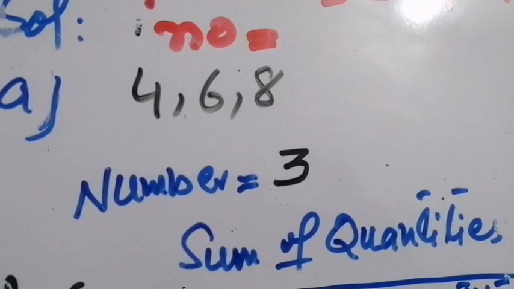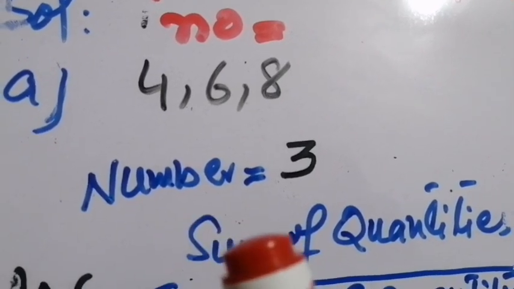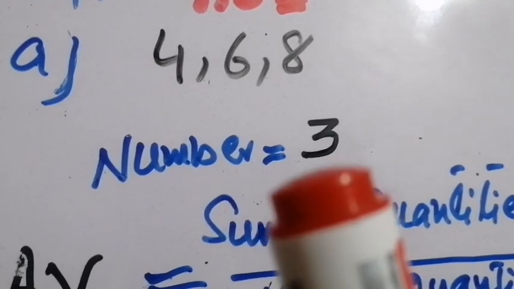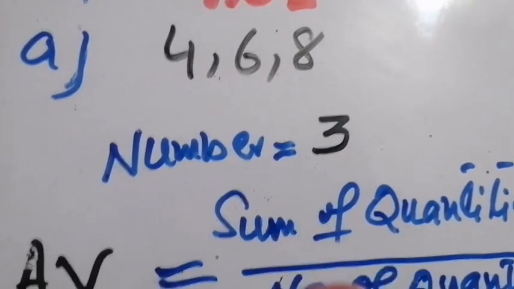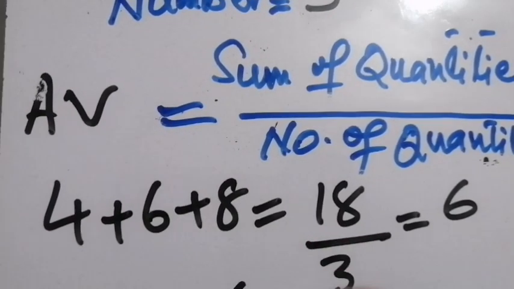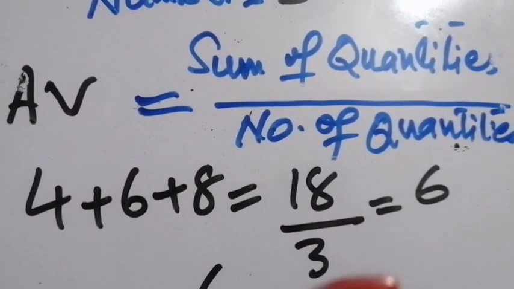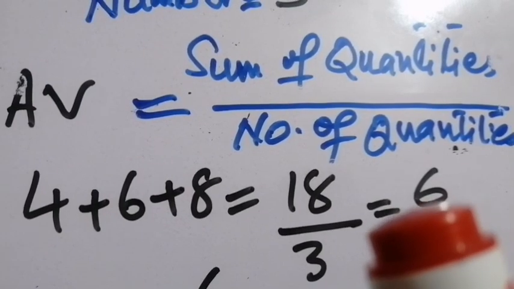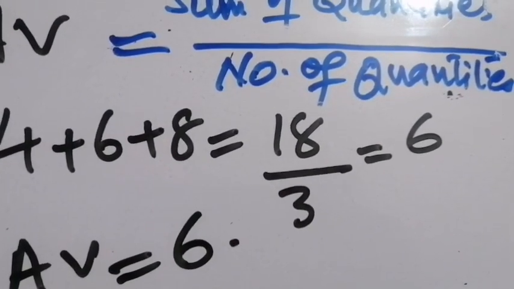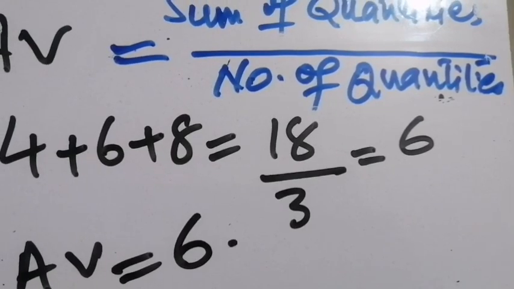So the total is 3 numbers, and the sum of all these quantities, 4 plus 6 plus 8, is equal to 18, divided by 3. So 6 3s are 18. So our answer is that the average is 6.